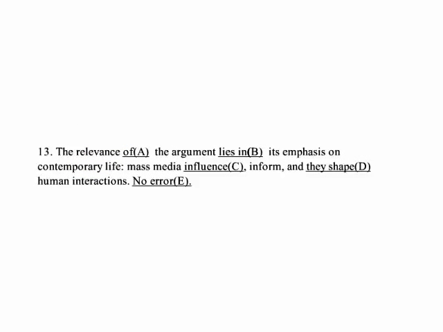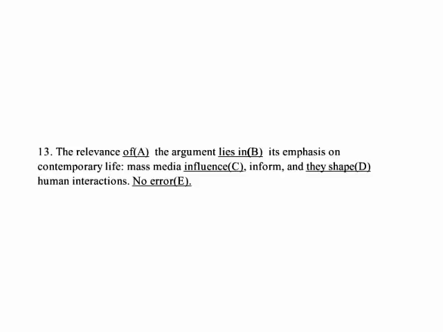Number 13. The relevance of the argument lies in its emphasis on contemporary life. Mass media influence, inform, and they shape human interactions. This error would come under the heading of an unnecessary pronoun that affects the coordination of a sentence. In this case, "mass media influence, inform, and they shape."